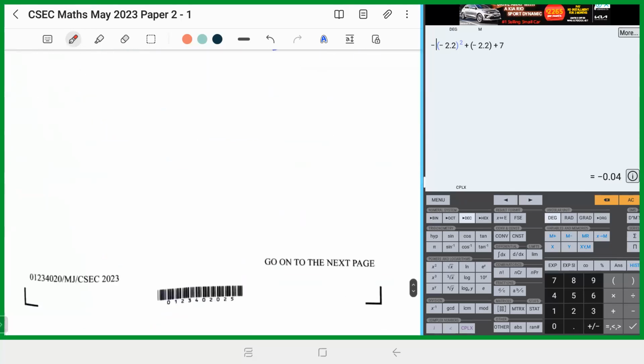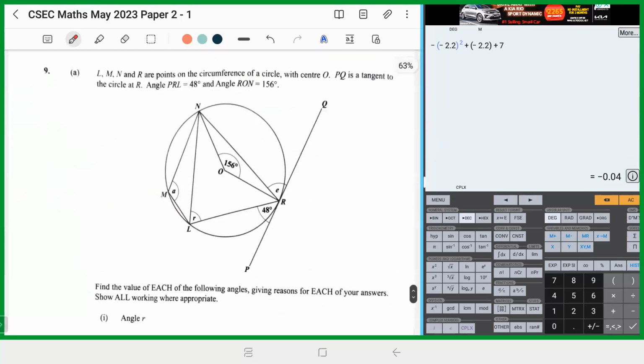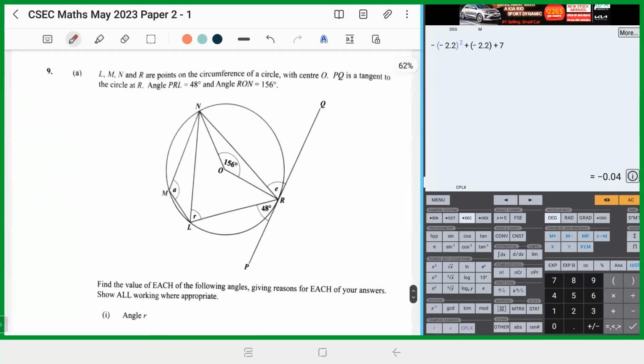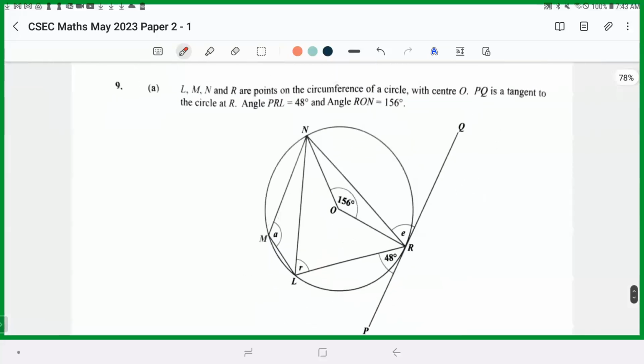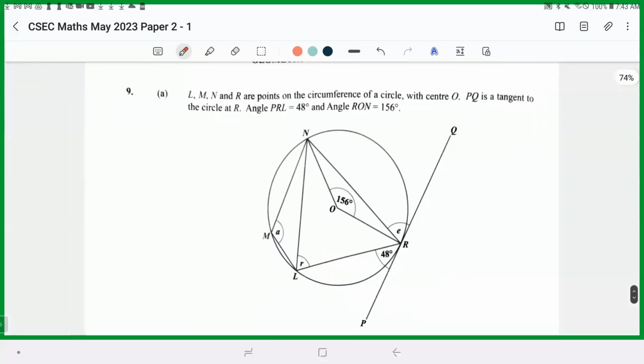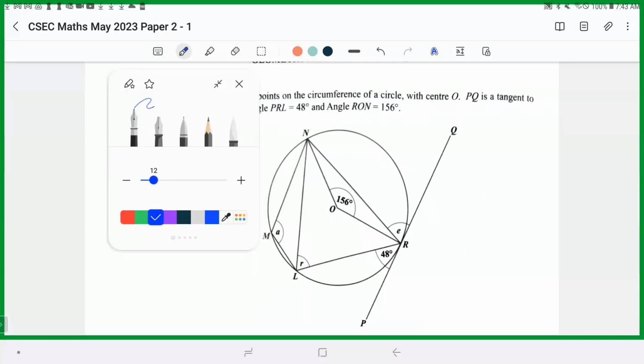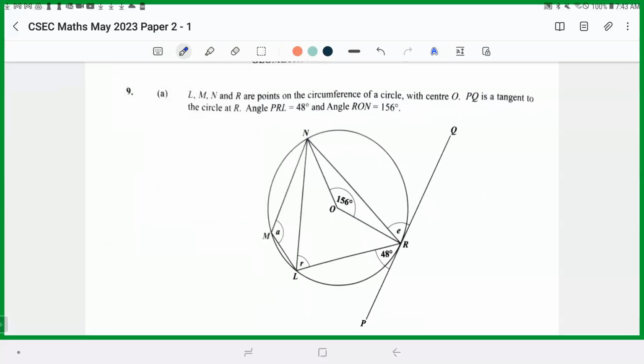All right, let's go to the next question. I don't think I need a calculator. Maybe I do. It's circle theory. The question says L, M, N, and R are points on the circumference of a circle.